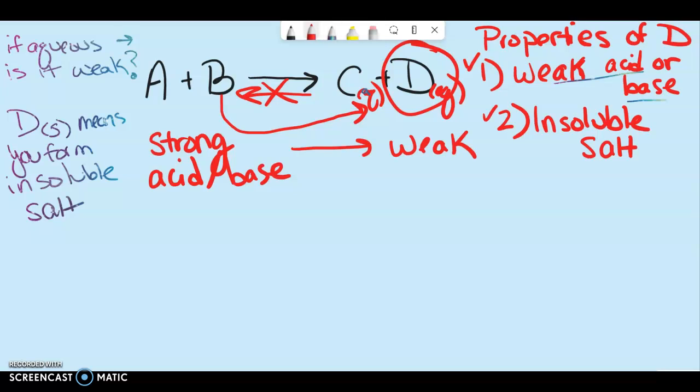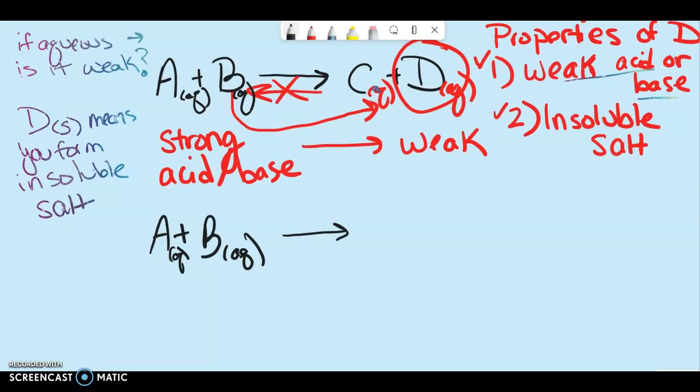And the reason is, if that salt falls out of solution, so if I have A plus B, so everything is aqueous that's reacting, everything's in water at this moment, and I make C plus D, whatever those are. If D is solid, this means it's an insoluble salt.